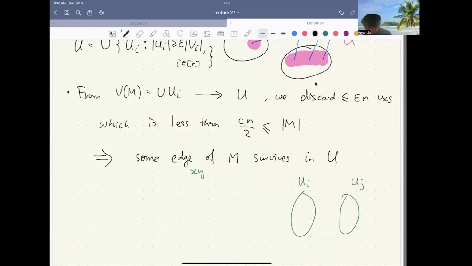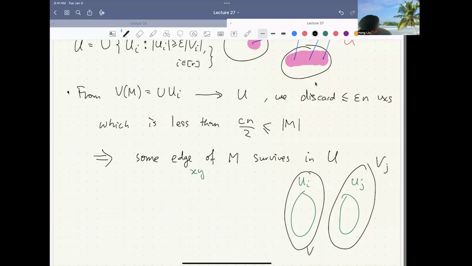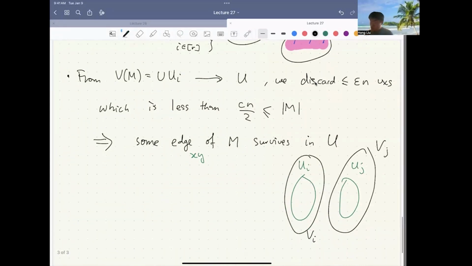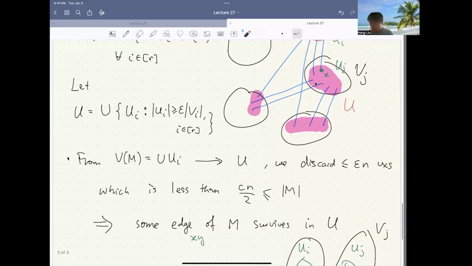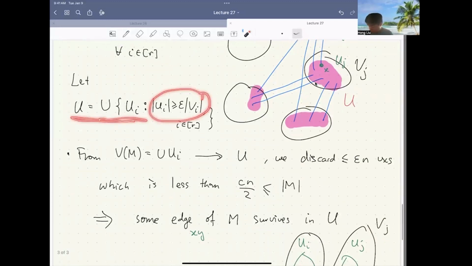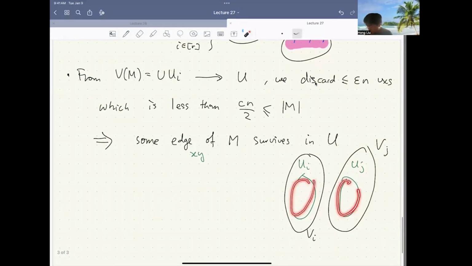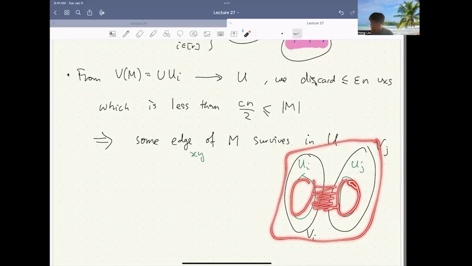First of all, they live in V_i, V_j. And each of U_i, U_j, by definition, is part of U. That means it takes up an epsilon proportion. So this is large. Then, by the definition of a regular pair, the density between U_i, U_j is very close to the density of V_i, V_j.